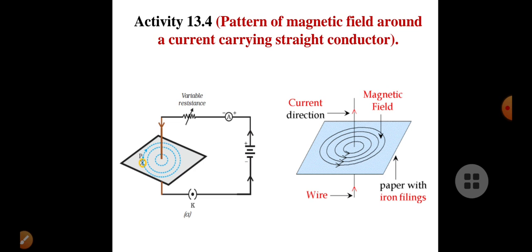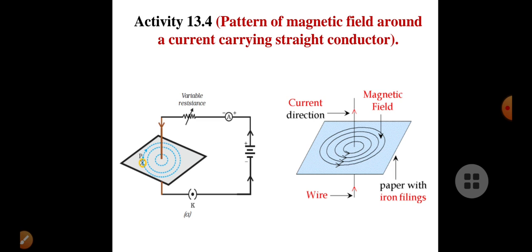So see, beta, in figure A, what we have done. We have taken a straight wire, and let us name it as A and B. It is connected with a battery, an ammeter and a variable resistance.